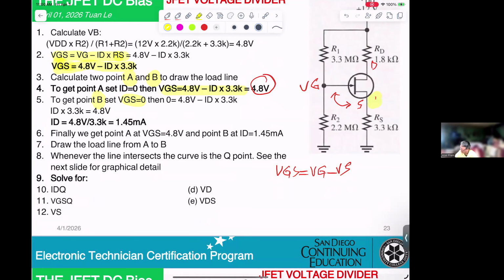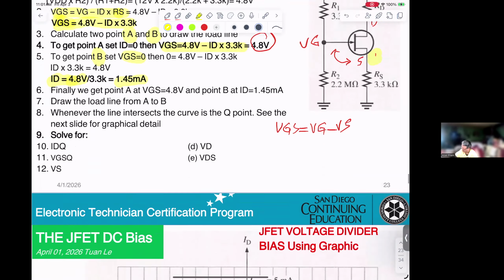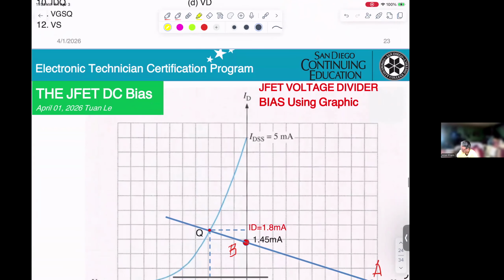They gave you ID equals 4.8 divided by 3.3, you get 1.45. That means this one is 1.45.